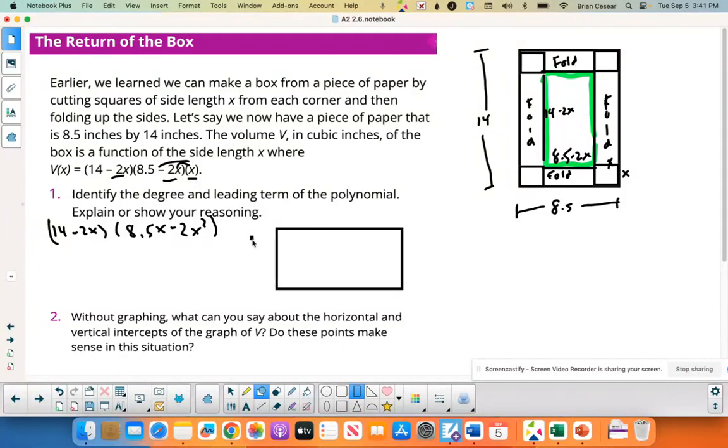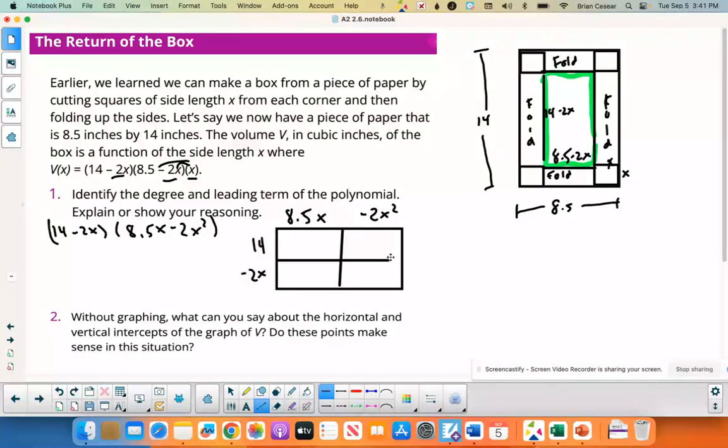It doesn't matter which side you put each parenthesis on your box. And you're just multiplying. So here we go, 8.5x times 14.